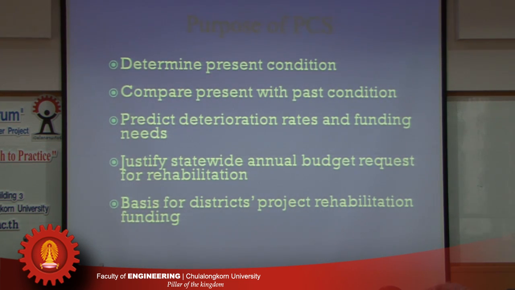If we know the condition, we know what needs to be fixed, so we can justify the annual budget request. And within the state, there are different districts, and different districts have budget requests, and they need the information in order to make the budget request.